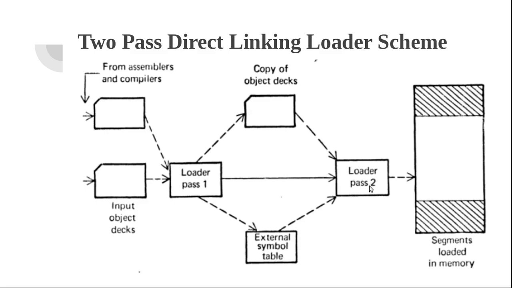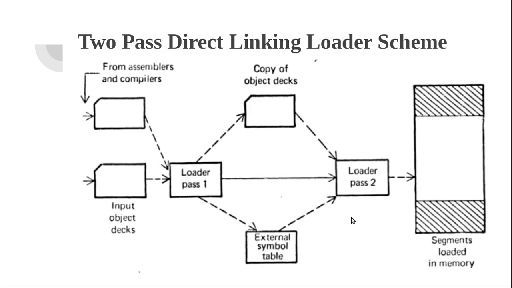In pass 2 of the loader, it will load our segments to the assigned locations specified in pass 1. That is the main task performed by pass 2. That means in pass 1, we have assigned the locations to each segment. In pass 2, it will load the object program into the assigned locations.